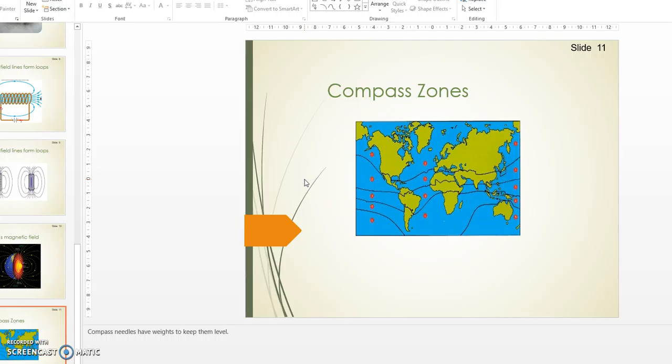It turns out that one major compass manufacturer has divided the Earth into 5 zones, and they put appropriate weights on their compasses depending on what zone they are in.